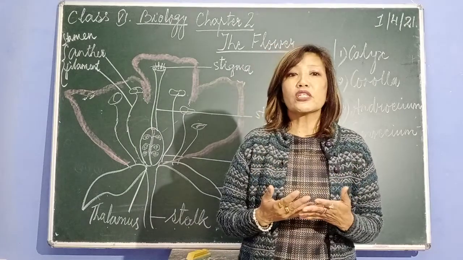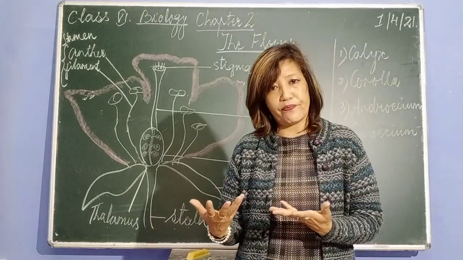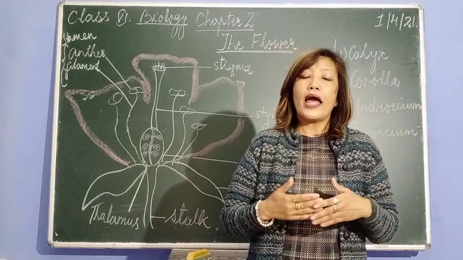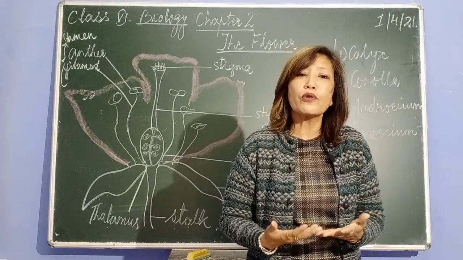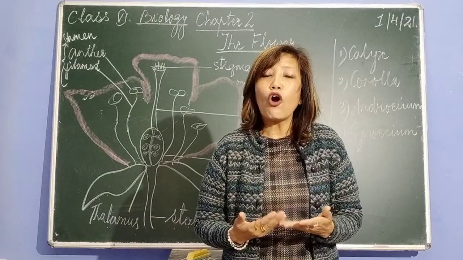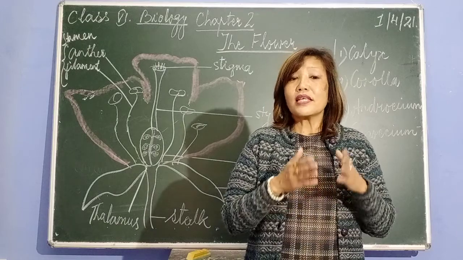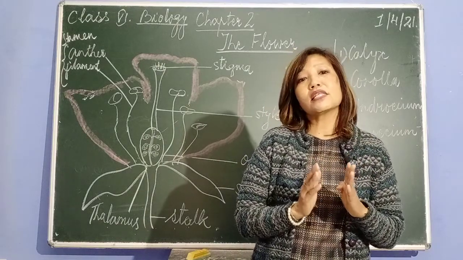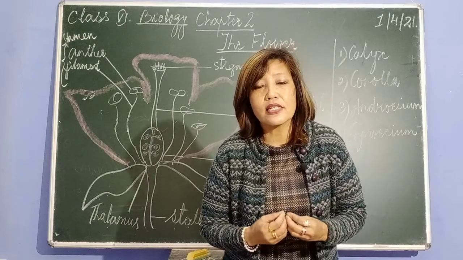So reproduction is the process of producing a young baby. Okay, and you all know that the animals, including the human beings, they reproduce either by giving birth or by laying eggs.